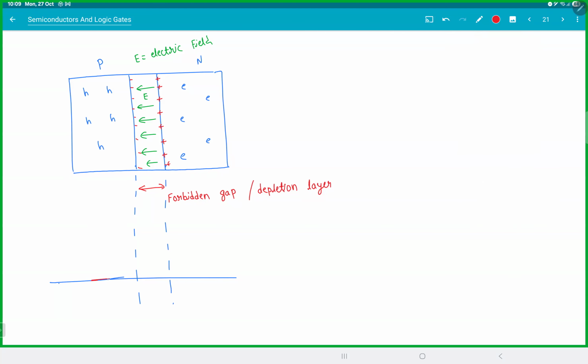So the potential will be like this, and then it increases, and then it becomes constant again. This is a graph of the voltage. This gap is called the barrier potential. It means if an electron wants to jump across the junction, you need to give this much potential. So this is the potential due to the electric field created by the surface charges.